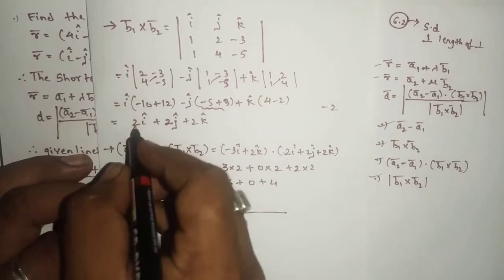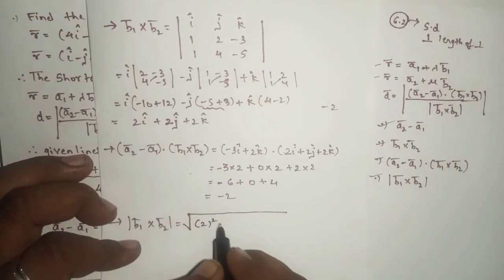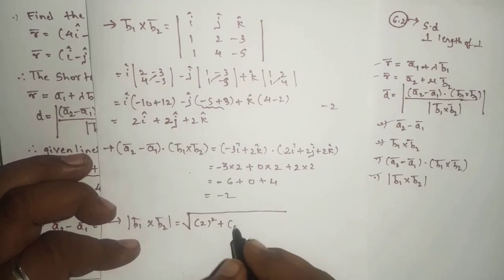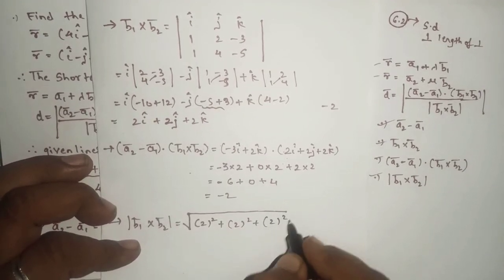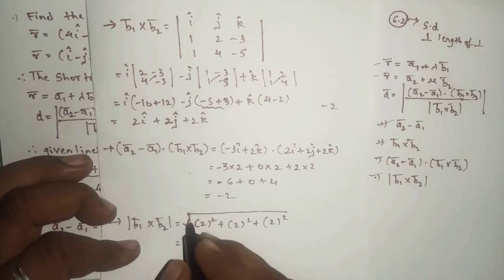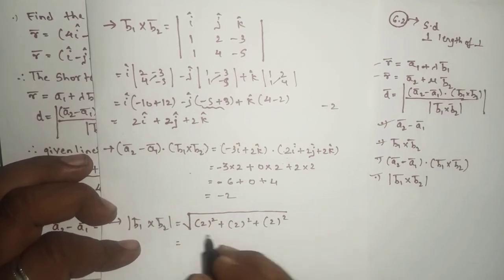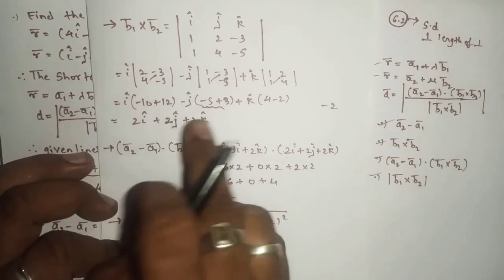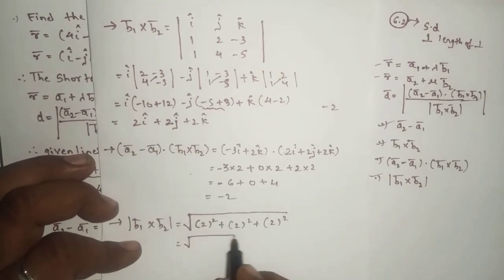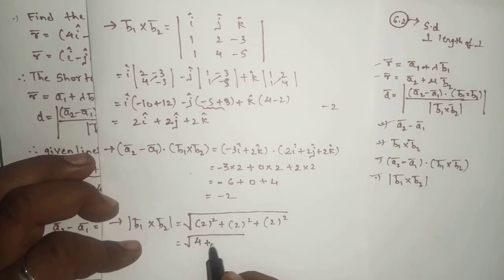Here the coefficient of i is 2, of j is 2, and of k is again 2. So 2 square is 4, 2 square is 4, 2 square is 4. So this will be 12.